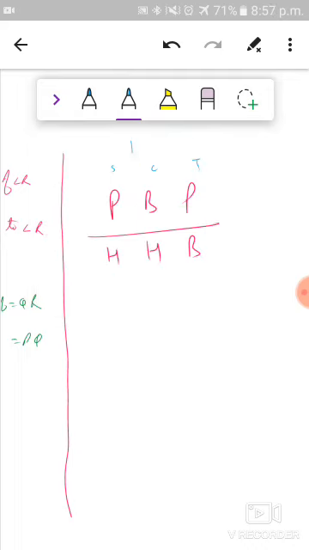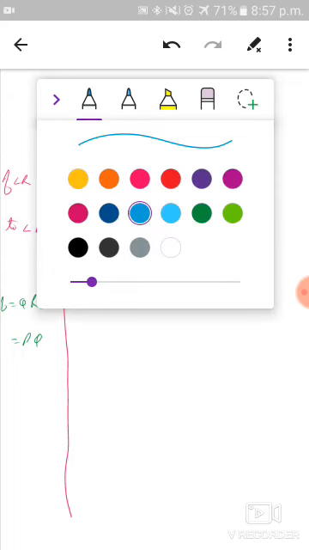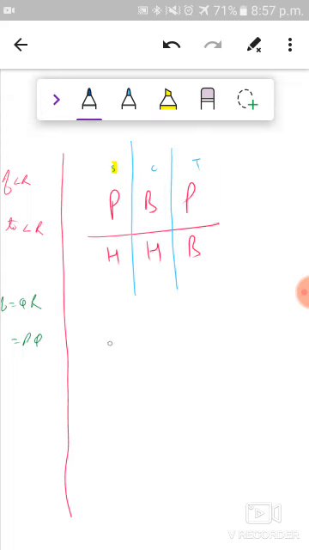See, S means sine. Sine of any angle, suppose angle A, for sine A. P means perpendicular, H means hypotenuse. So sine is perpendicular by hypotenuse.